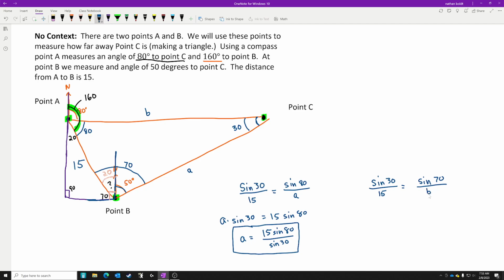Over B, cross multiply, you get B sine of 30 is equal to 15 sine of 70. Divide both sides, B is equal to 15 sine of 70 over sine of 30.